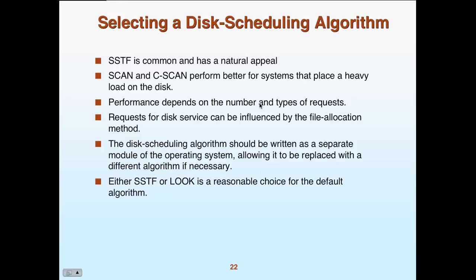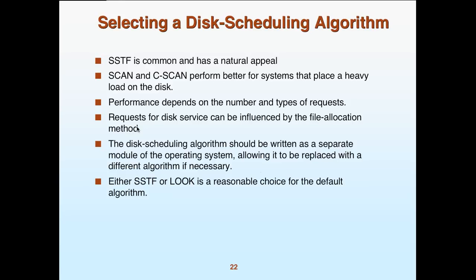Performance depends on the number and the type of requests, so it might be application specific. Requests for the disk service can be influenced by the file allocation method as well. As I mentioned before, contiguous file allocation is not so efficient, however, it minimizes the expense of the scheduling algorithm for the disk.